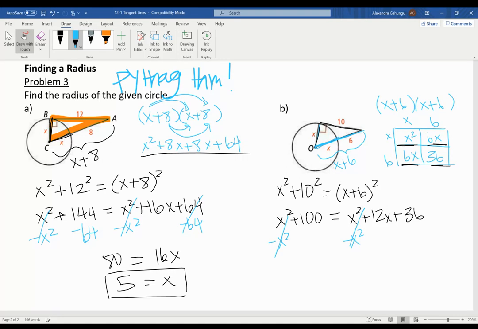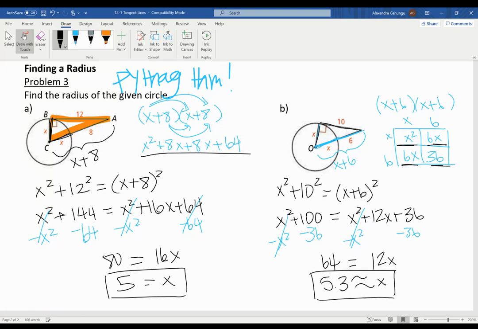Thank goodness. It'll always do that for you guys. And I also want to move all my constants to one side, and I get 12x equals 64. We're going to round for this one, and it's going to be 5.3. So my radius is 5.3.